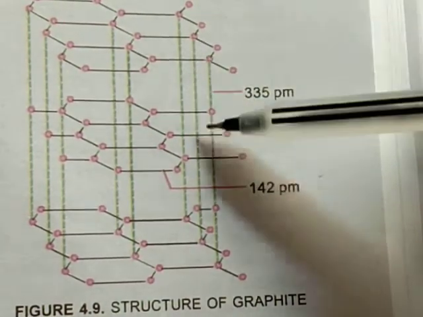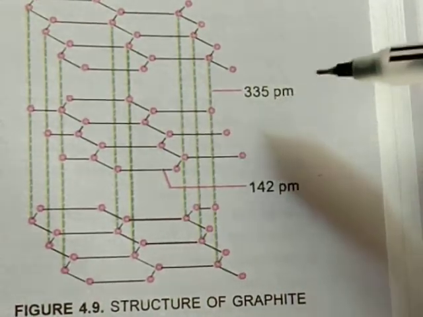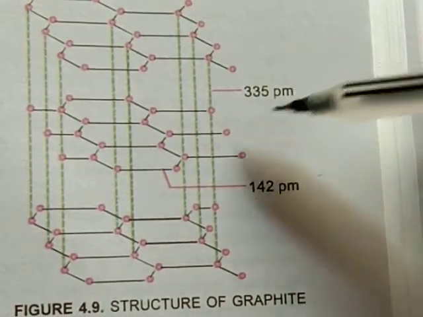Fourth, graphite is used to moderate the speed of fast moving neutrons in nuclear reactors.